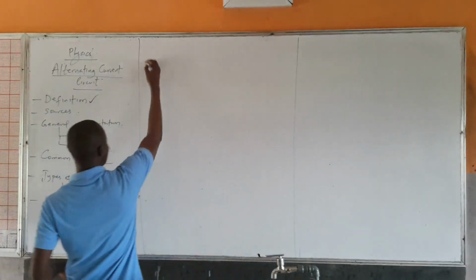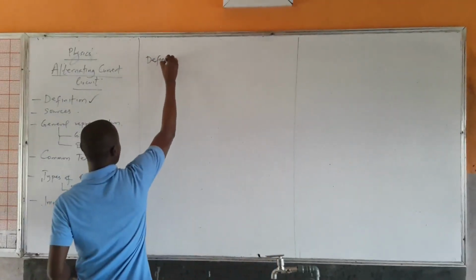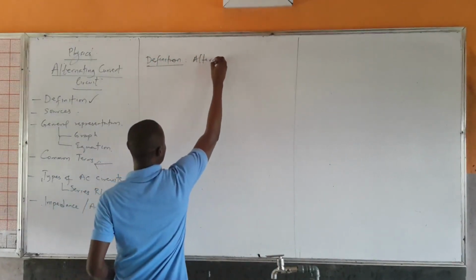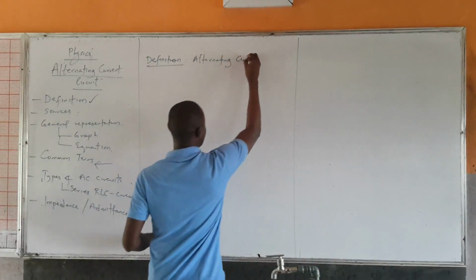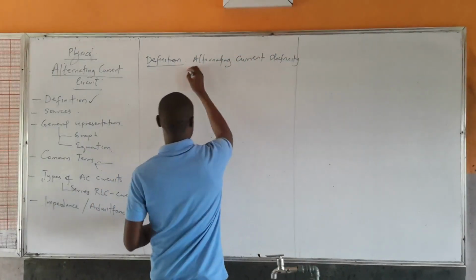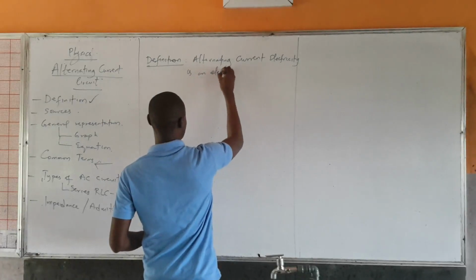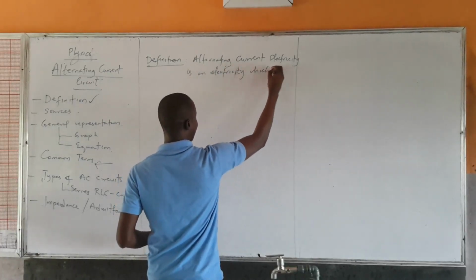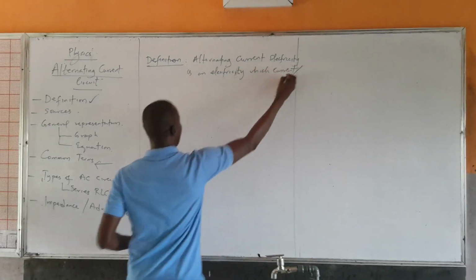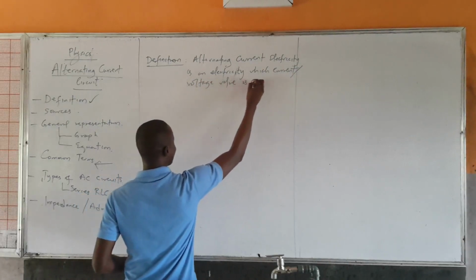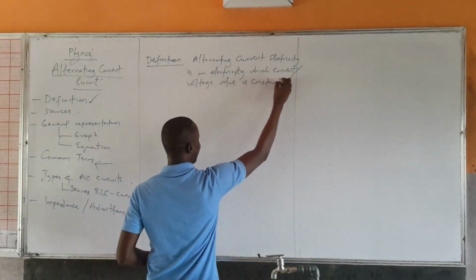First of all, the definition. What is alternating current? Alternating current electricity is an electricity whose current or voltage value is constantly changing direction.